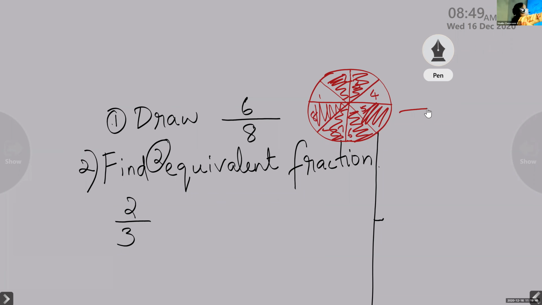Eight equal parts. From that, how many parts should be shaded? 6.